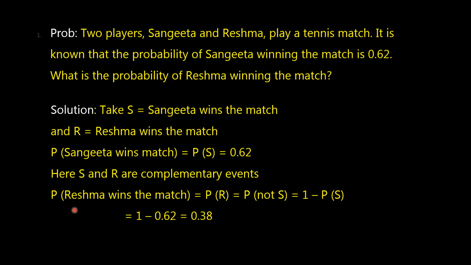Now I want P of Rashma wins the match, nothing but P of R. Rashma wins the match means Sangeeta did not win the match. That's why P of R is equal to P of not S. Not S we can find by using 1 minus P of S. That is 1 minus 0.62. On simplification we will get 0.38. Try to identify the complementary events. Based on the complementary events, we are finding the probability of Rashma winning the match.